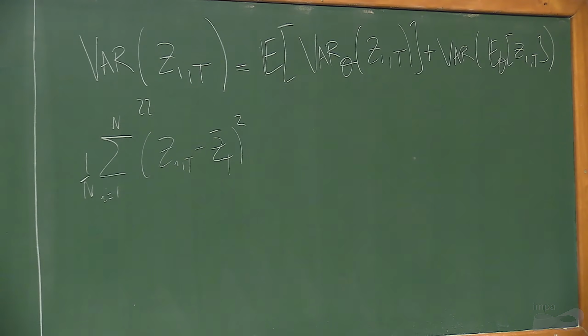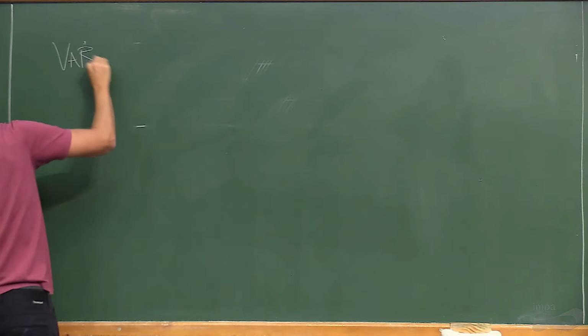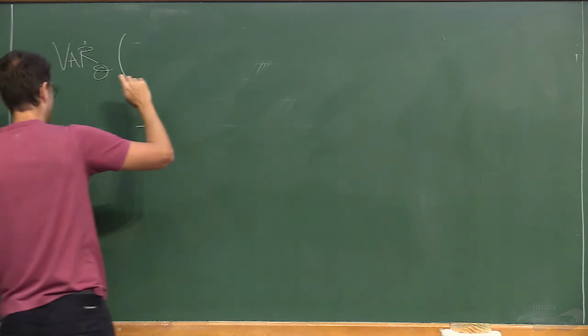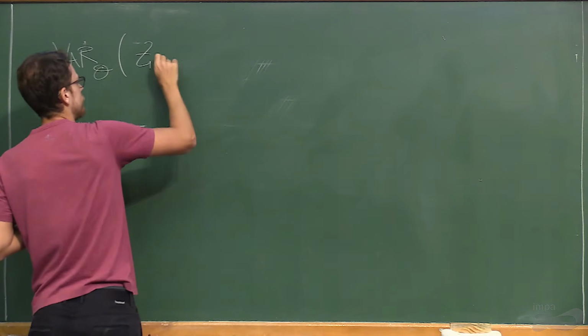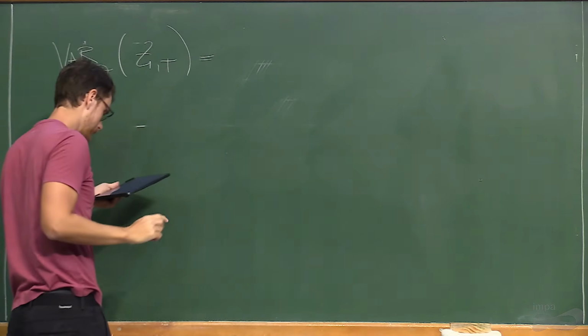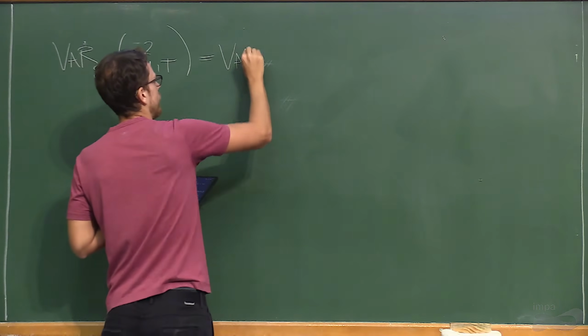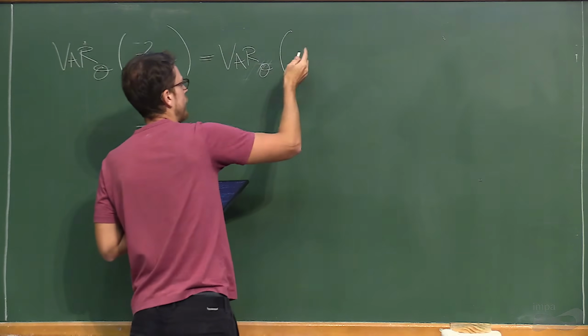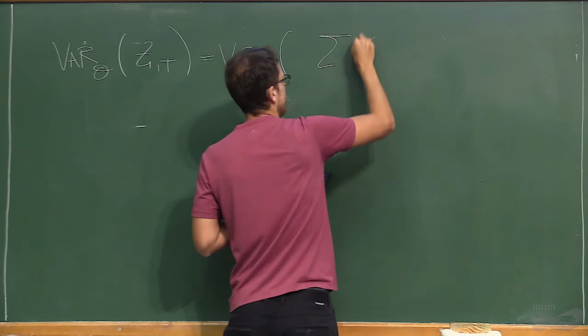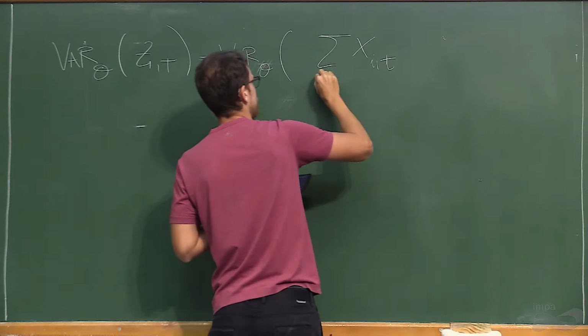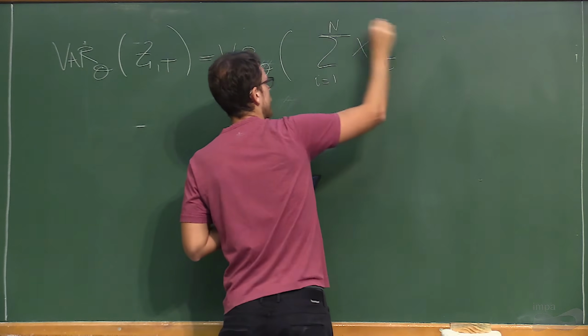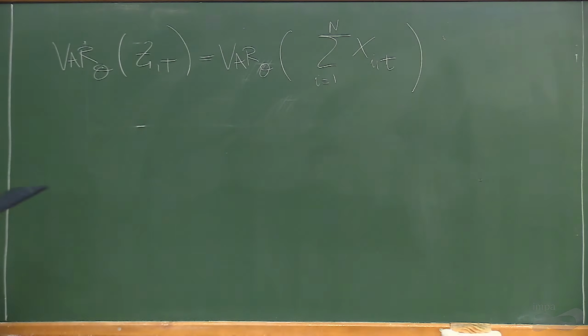So for example, if I start from this formula here, var of Z1t, this is, by our definitions, just the var of the sum of the axis.